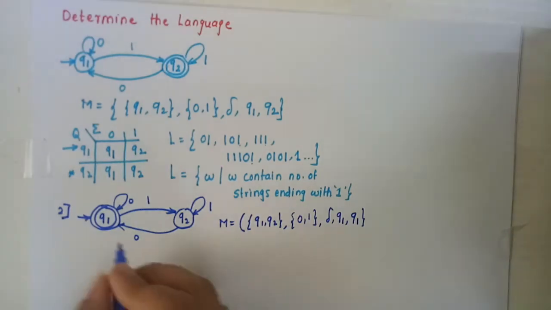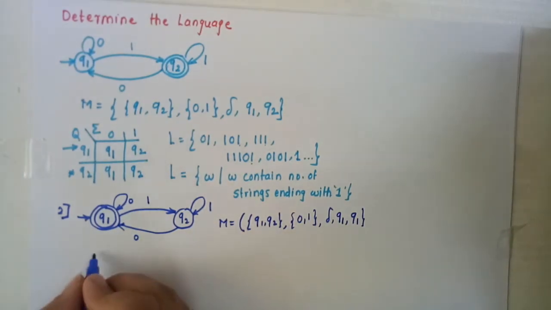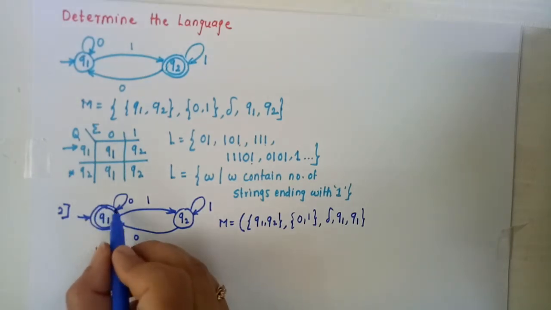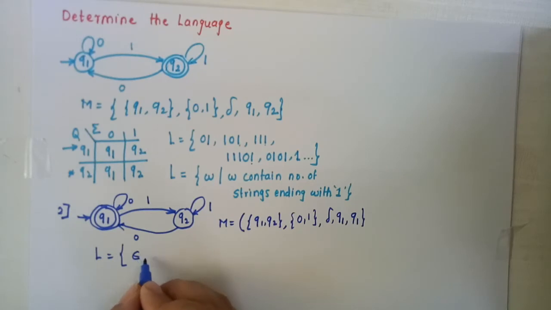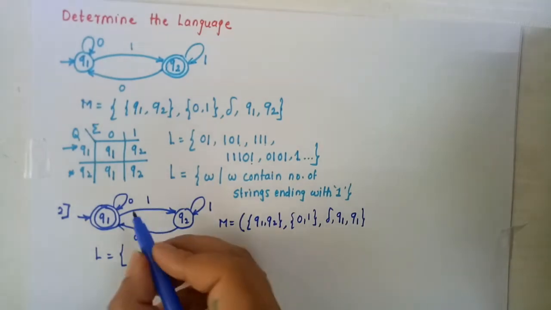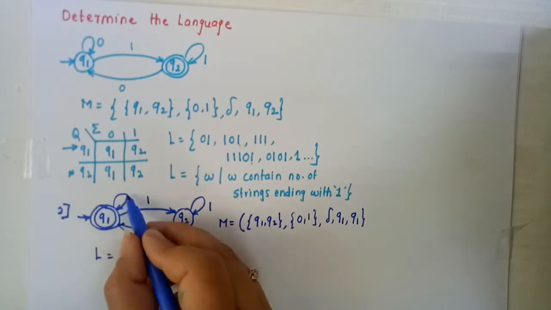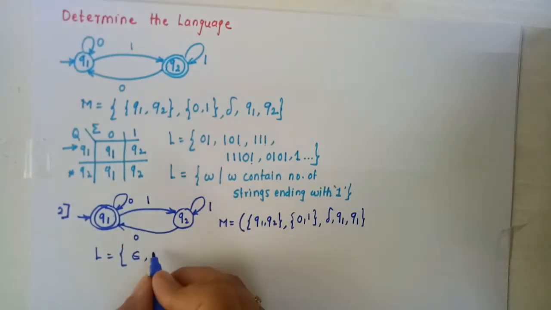Again we can design the strings. L is equal to: here initial and final state are both the same, so the first string is epsilon. Next we can consider only 0, because we can start from q1 and stop at q1, so we can consider 0, otherwise 0 0, otherwise 0 0 0.